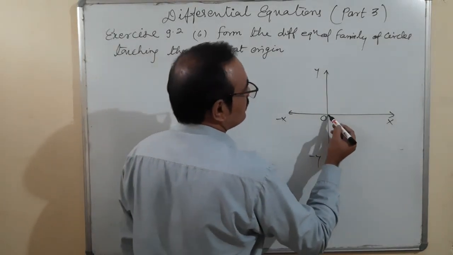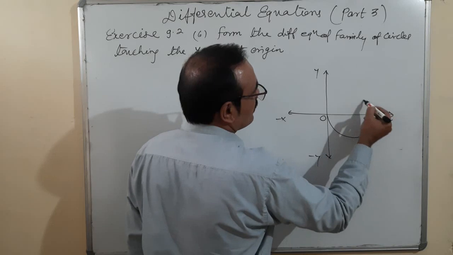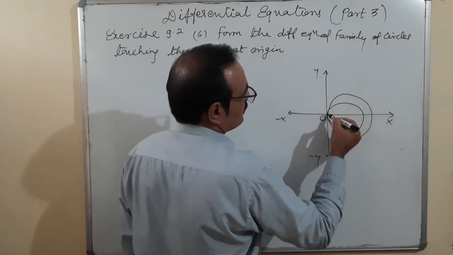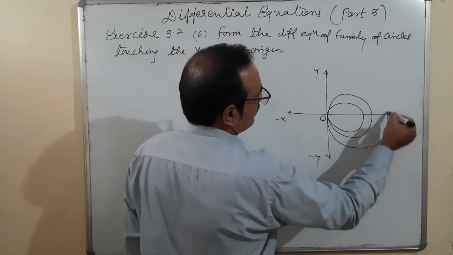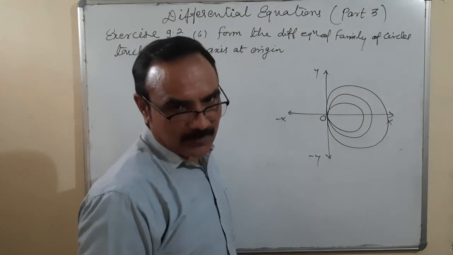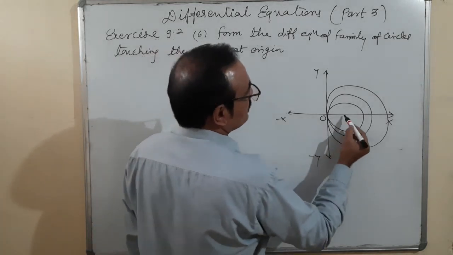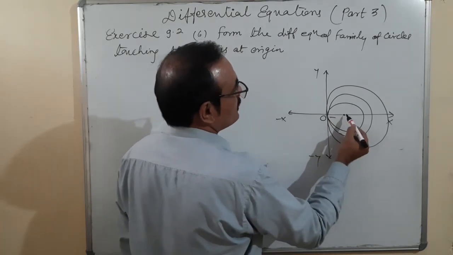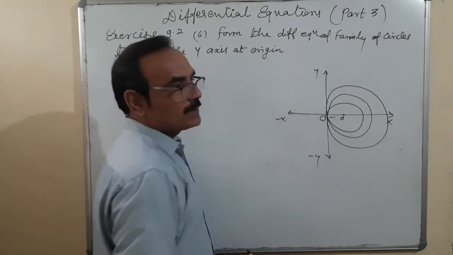So I think, is it okay? Like this. And that side also. So on the other side also. What should I take here? What is the center of the circle?